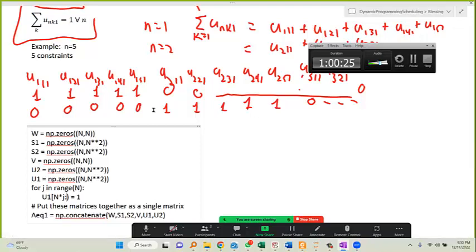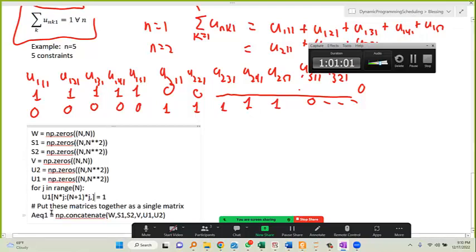Look at the first constraint: the first index is 0 and the last index is 4.